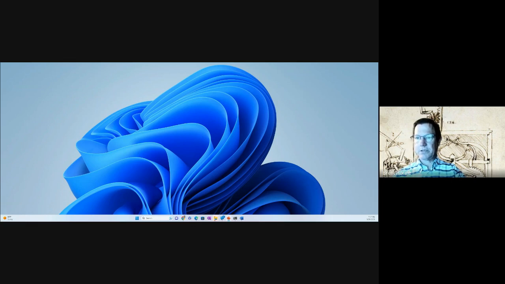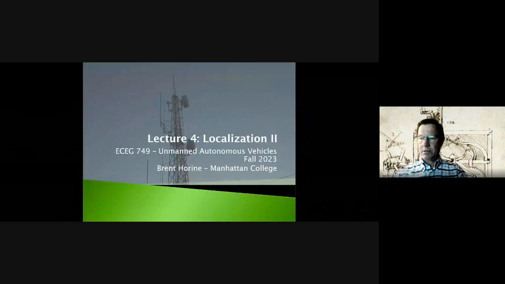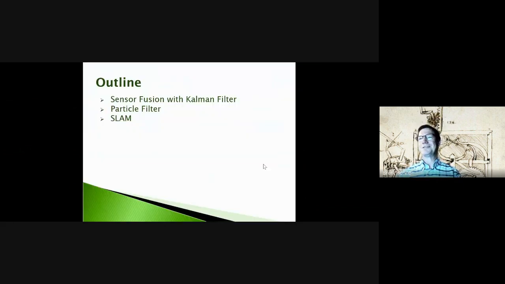Not hearing or seeing any questions, so let's jump on to the second half. This is maybe the third half of localization. It will probably fall into a third lecture eventually to finish this up.